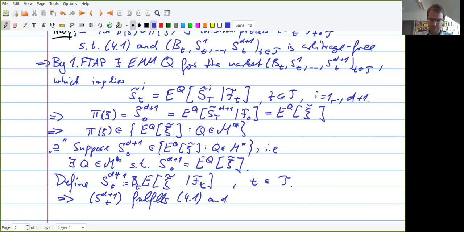And well, this here is a martingale if we discount it. So the measure Q, which we picked here, is still an equivalent martingale measure for the extended market. And this is why I needed to introduce here the discounting.